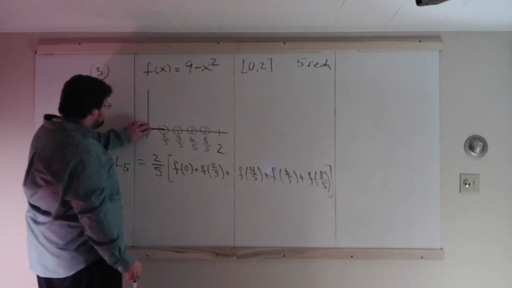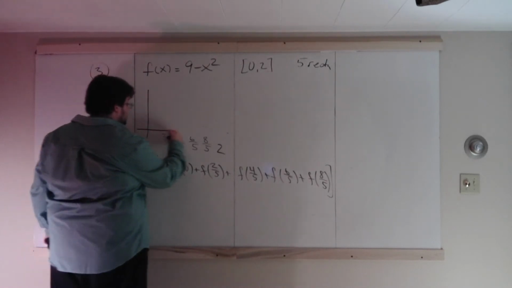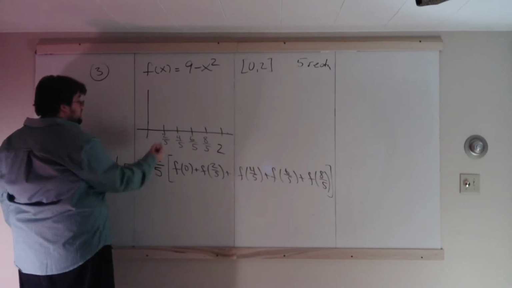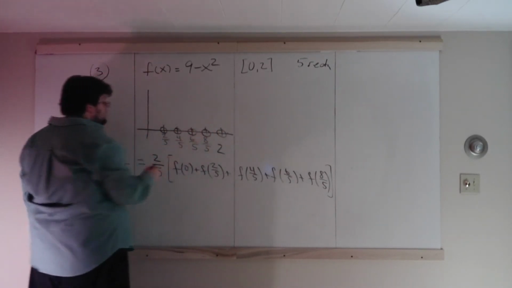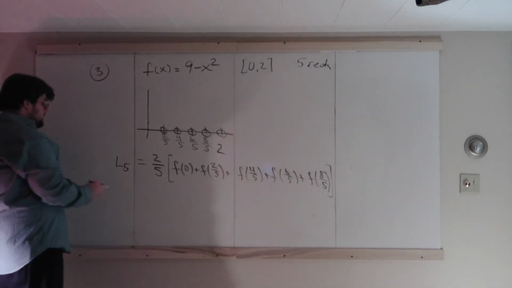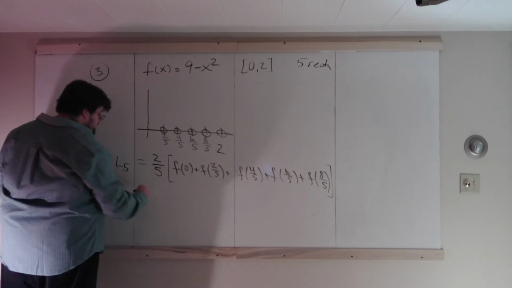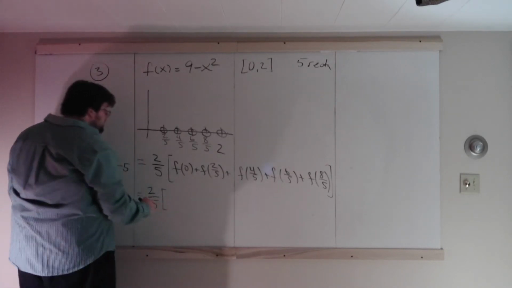For the right approximation, instead of using the left endpoints, we're going to use the right endpoints, which are those. The base of these rectangles is still 2/5 in each case. So we have 2/5.